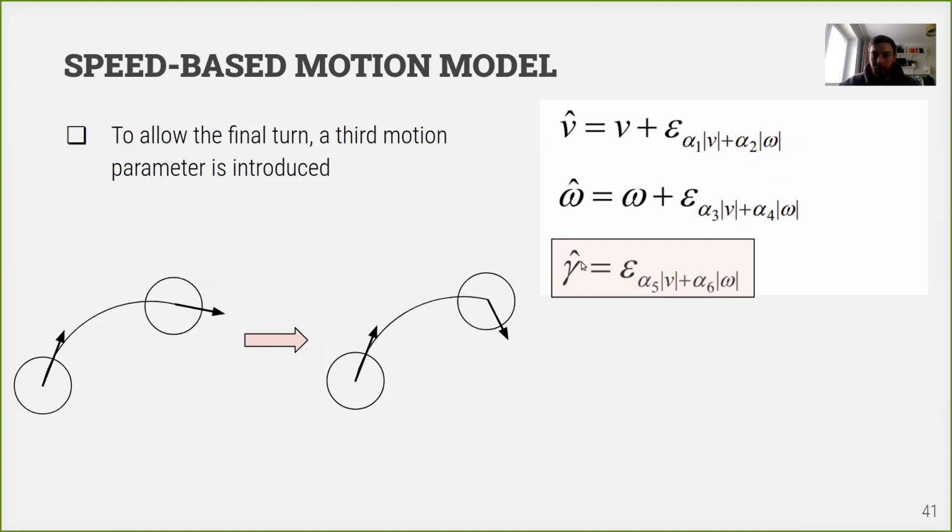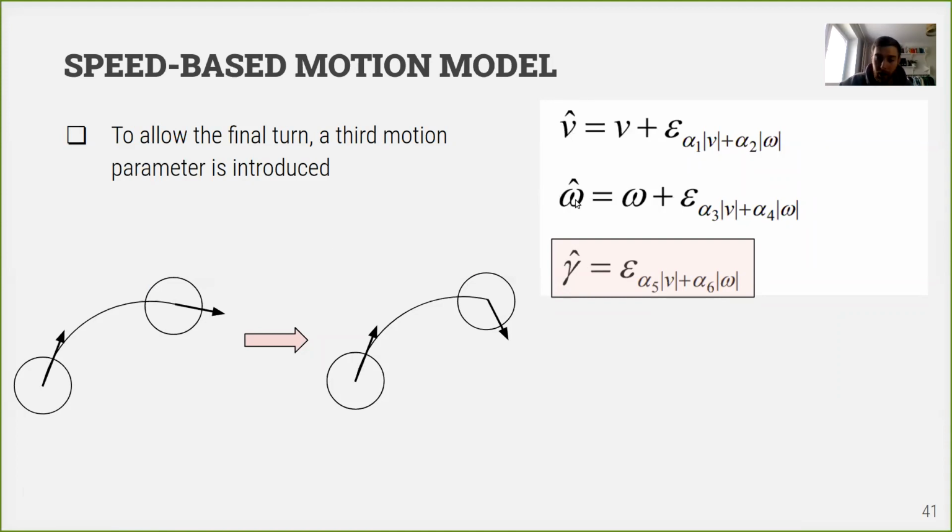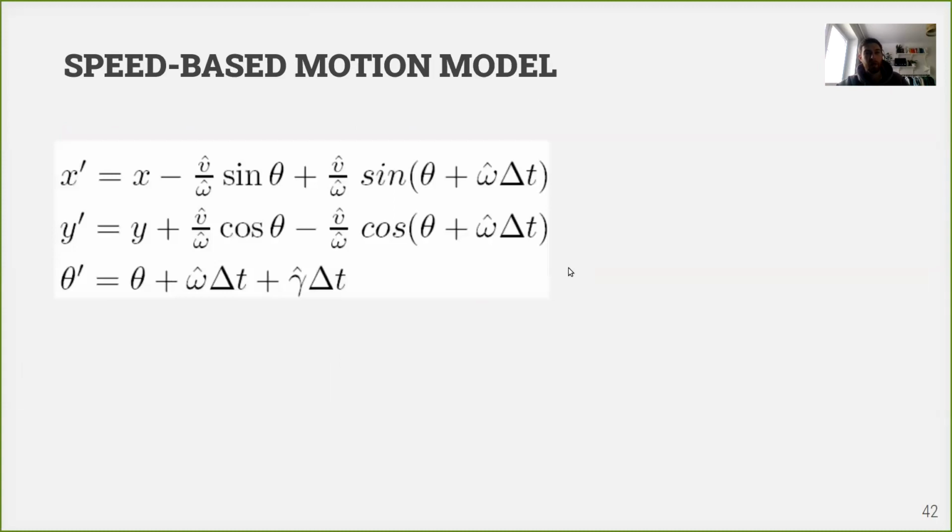That is why we are introducing a third parameter, which is just an additional rotation angle, and we consider this rotation being performed after the initial motion with constant velocity and constant angular velocity. We add some additional rotation, and it is also subjected to noise.